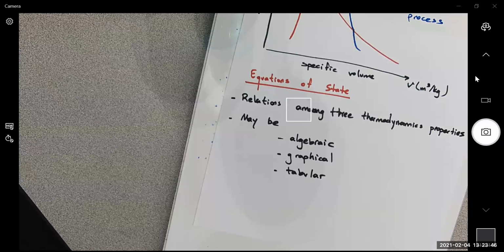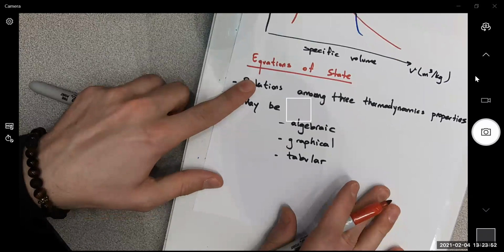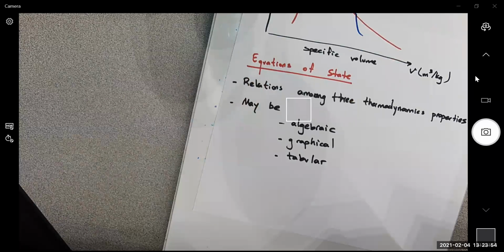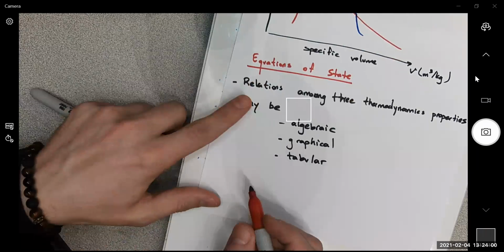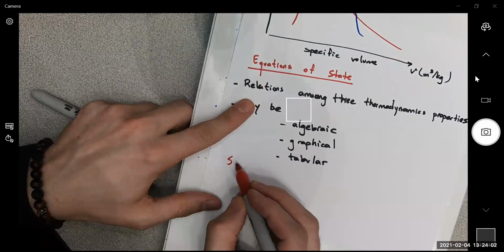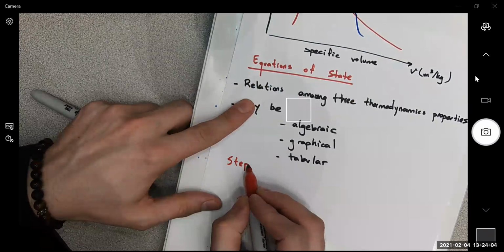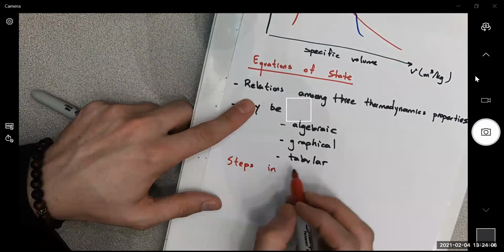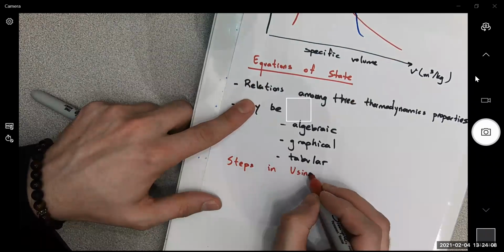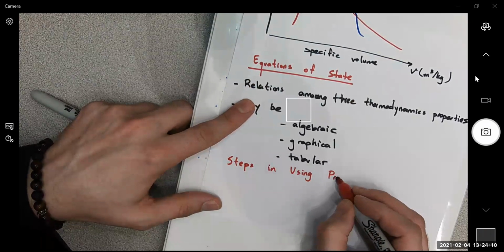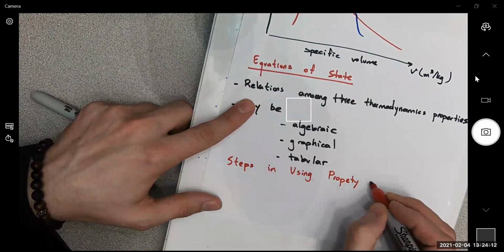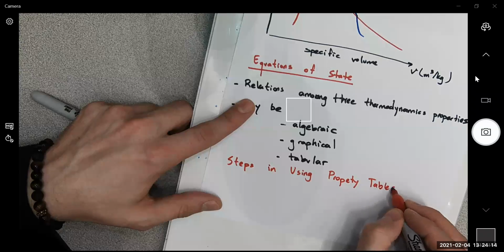All right. Steps for using property tables.